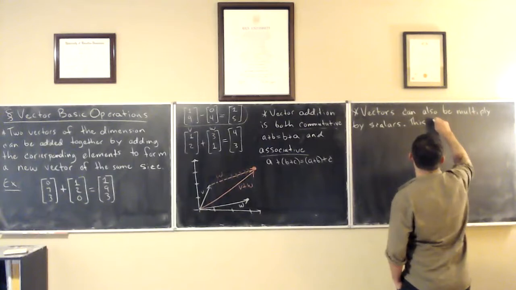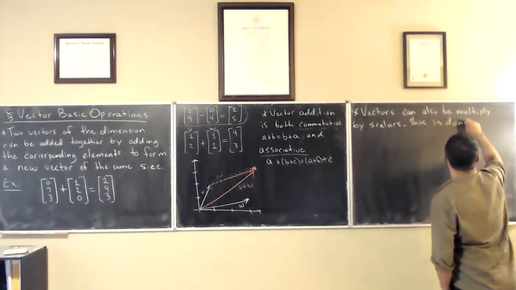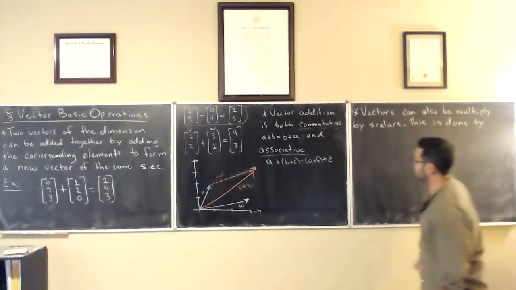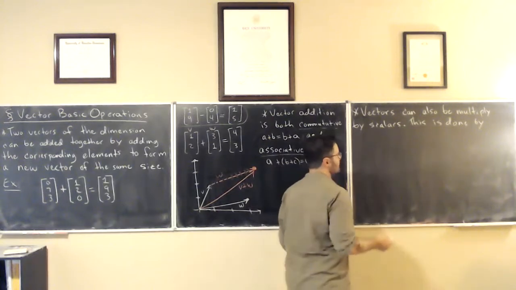This is done by multiplying each entry in the vector by the scalar.